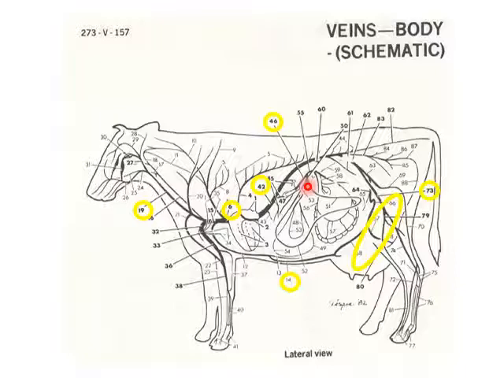And then we're going to jump over here to the veins and the venous drainage associated with the udder. Again, you're going to have the external pudendal vein up here matched with the artery on the other side. You're going to have a caudal drainage and then a cranial drainage coming through.